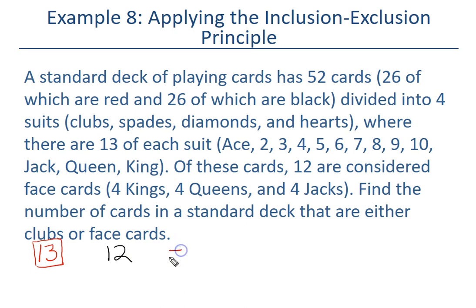So to get our total number here, we're going to have to do this first, but then subtract those face cards that are clubs. There's 3 of them. So this is going to be the formula. So we have 12 minus 3 is 9. 9 and 13 will give us then 22 as our cardinal number as we apply this inclusion-exclusion. All right, let's check it out.